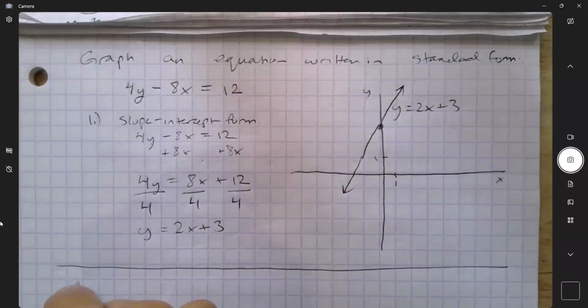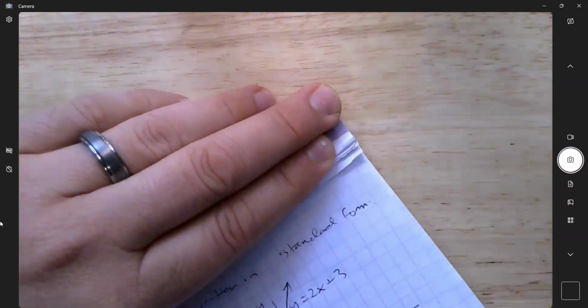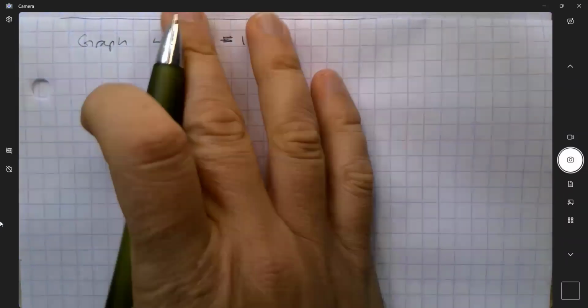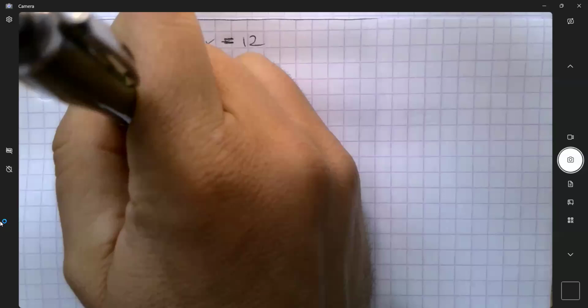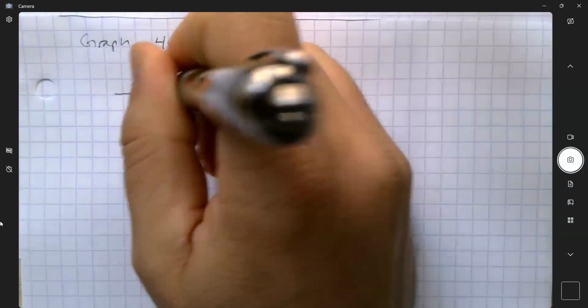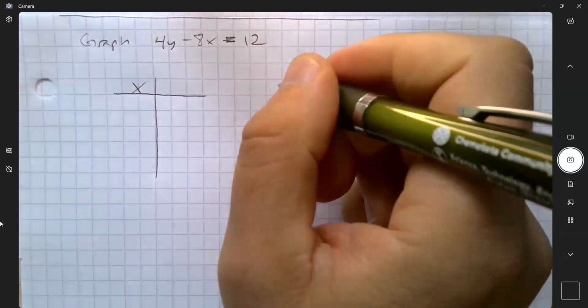Option two, if I'm asked to graph 4y minus 8x equals 12, I can test a couple points. So I can convert it to a numerical representation first. When you work with lines, numerical representations tend to be really useful. So let's try a couple different x's and y's.